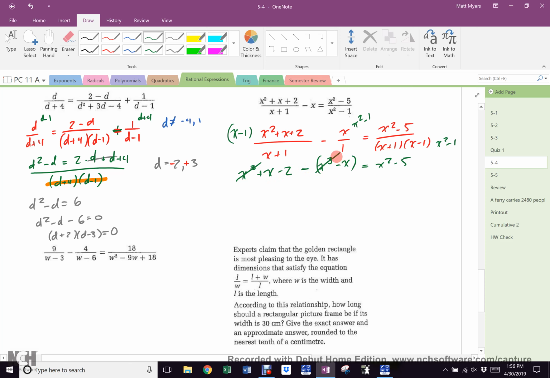It's 2x. Minus 2 equals x squared minus 5. And now it's super easy, right? x squared minus 2x minus 3. x minus 3, x plus 1. x has to be 3 or negative 1. Are both of those allowed? Which one isn't? Negative 1. So my answer is 3.